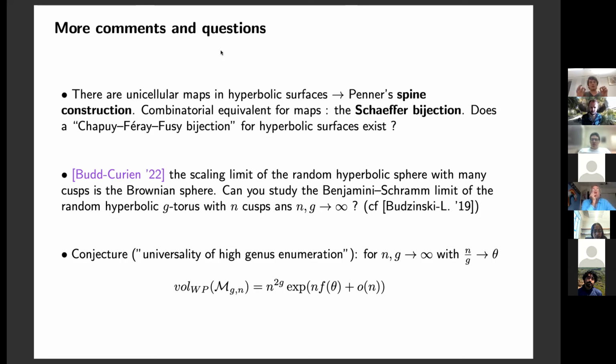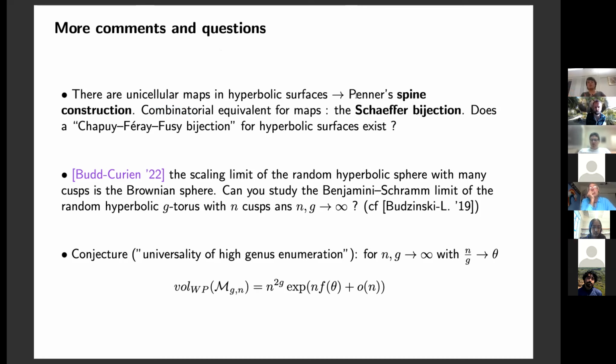So on your hyperbolic surface, you can build a hyperbolic unicellular map. And there is a combinatorial equivalent for all maps, called the Schaeffer bijection. So two constructions in these two different worlds are actually equivalent to each other.